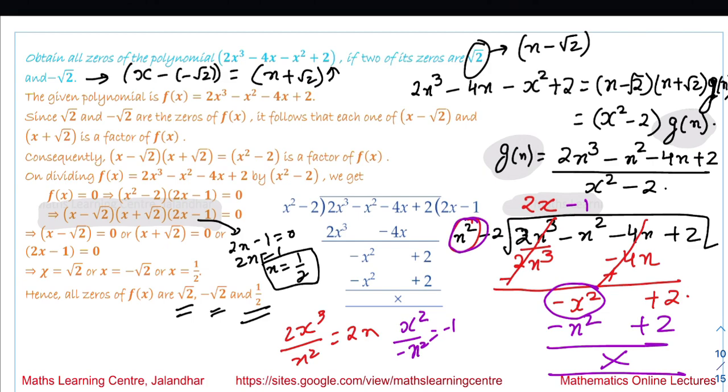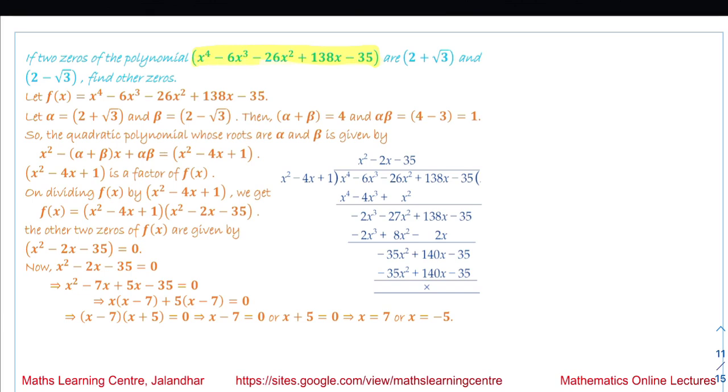Next, a polynomial is given to us and its 2 zeros are given: 2 plus square root 3 and 2 minus square root 3. Find the other zeros. Again, if this is a zero, it means x minus 2 plus root 3 is a factor. If this is a zero, then x minus 2 minus root 3 is a factor.